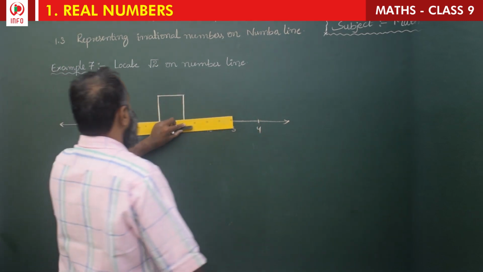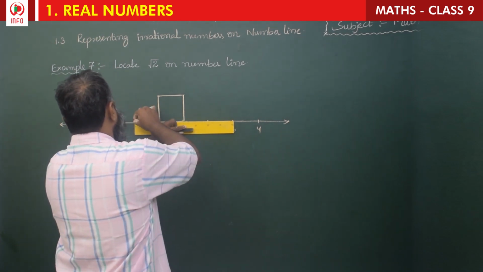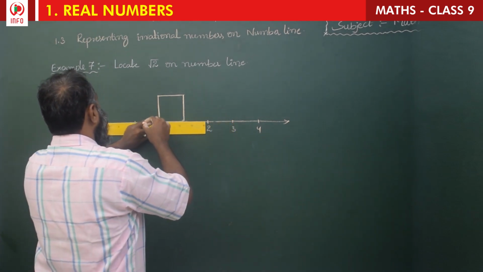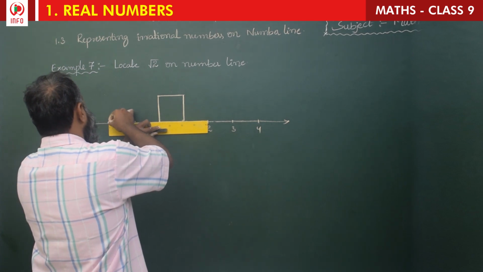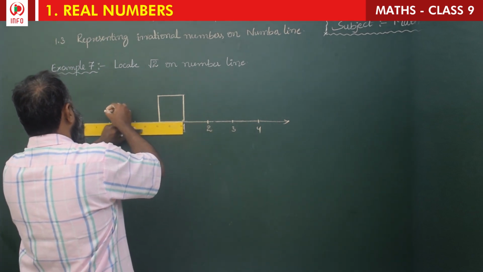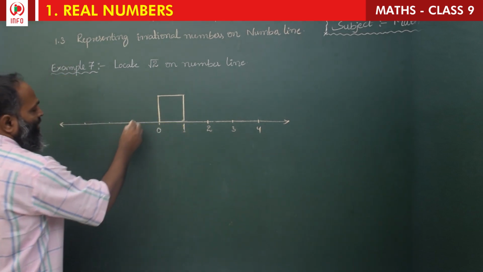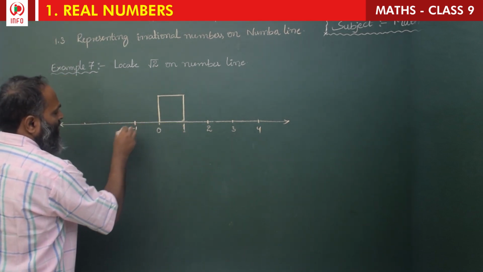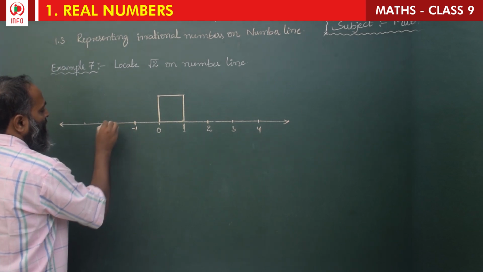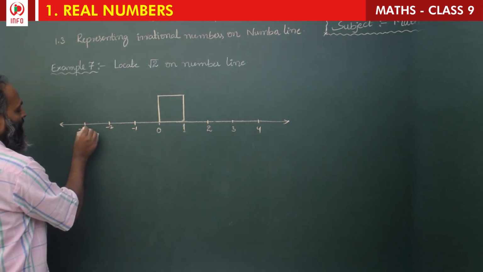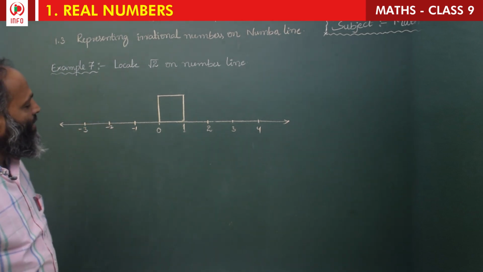So we should mark 1 unit, on each 1 unit we should mark. On 1 centimeter you should mark a point and write numbers. And write numbers here: -1, -2, -3 and so on.